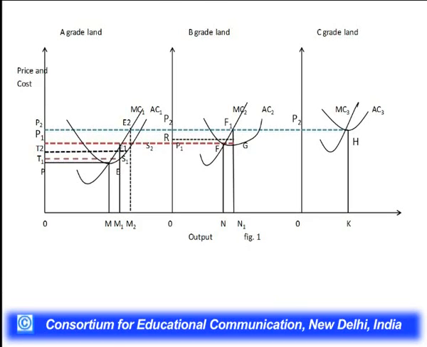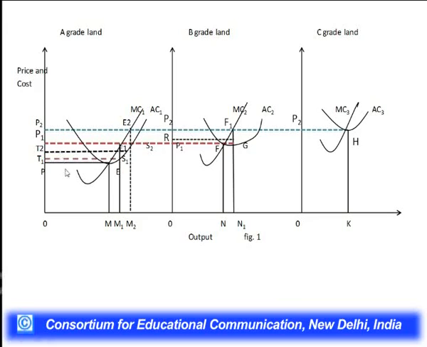So the last dose which we have taken as the marginal dose is where the cost of production is just equal to the revenue obtained from the sale of the commodity produced by the labor and capital. So that is the marginal land, or rather marginal labor. But before this, all the doses will be getting rent.